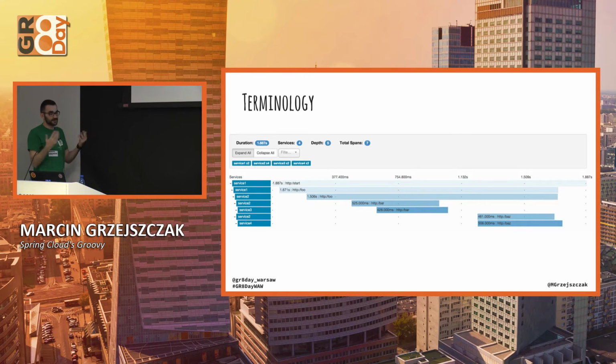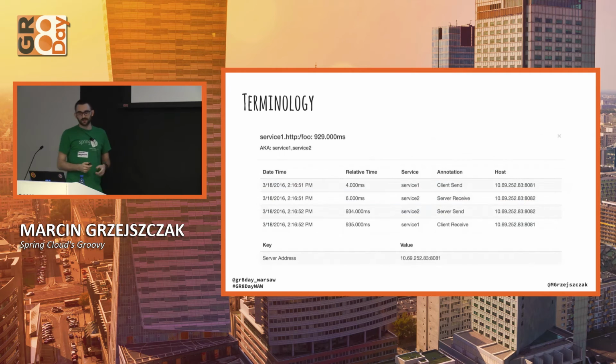So here, assuming that you have such a case, you could immediately say, for instance, that if here you would have 10 seconds of processing, you would just take a look at the screenshot and say, I have a bottleneck, right? You don't even have to know the whole topology of the system, and you immediately see a bottleneck. If you click one of those spans, you will see the annotations. So, like I told you, client send, server receive, server send, client receive.